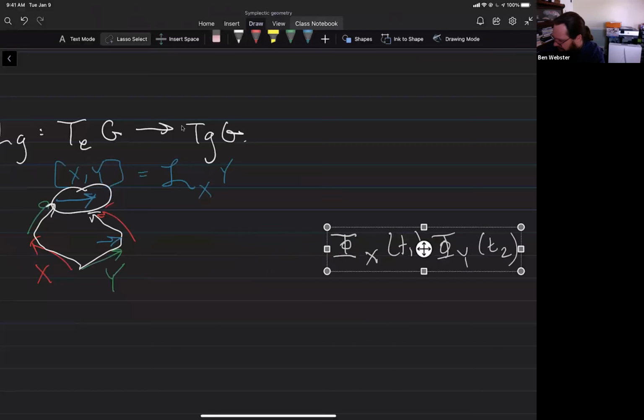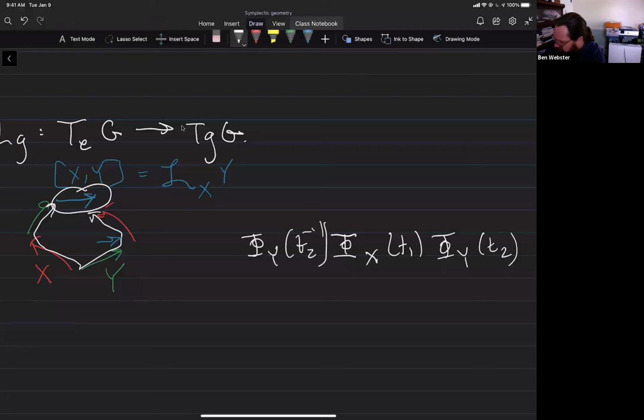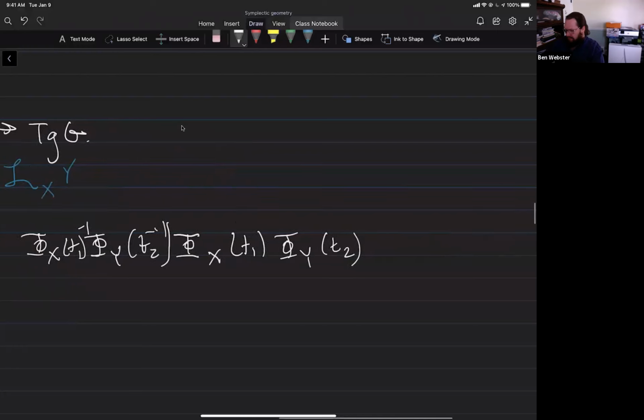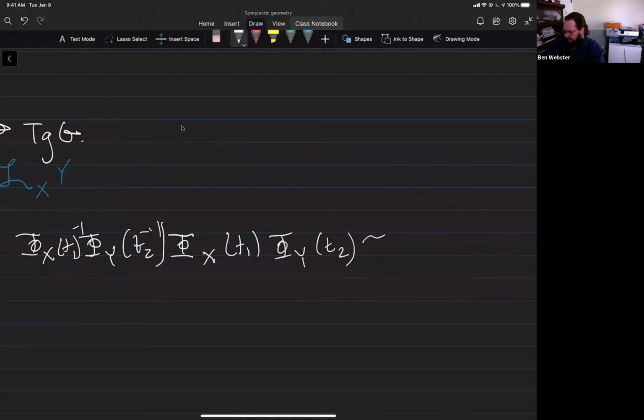I'm also worried that I'm going to slip in a sign somewhere, but let me at least write some version of this, even if there's a sign mistake in it somewhere. So the Lie bracket is about the failure of this composition of flows to close up. So this is approximately flow by the Lie bracket.